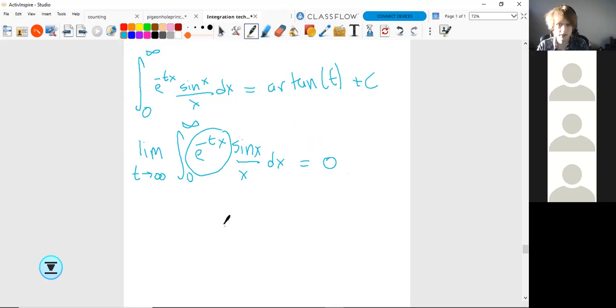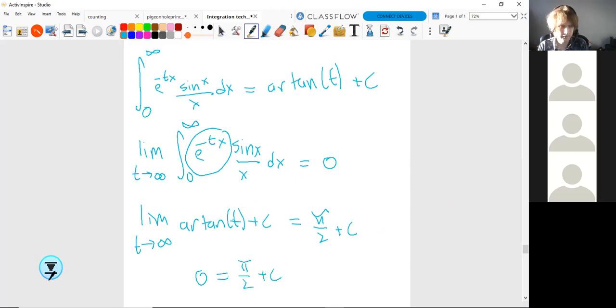And if we take the limit as t goes to infinity of arctan of t plus c, then arctan of infinity is going to be pi over 2 plus c, and so that is saying 0 is equal to pi over 2 plus c.